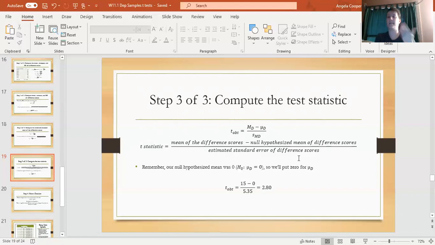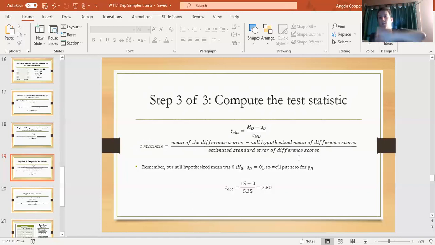So finally, step 3 of computing the test statistic, the T statistic. Now all that's coming together. We found the mean of the difference scores way back in the day. That was equal to 15. Remember, we added up all the difference scores by subtracting. Those difference scores were, for each individual participant, the number of seconds spent reading with the teacher minus the number of seconds spent reading without the teacher.